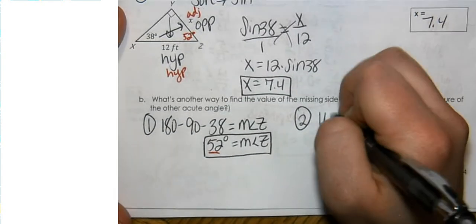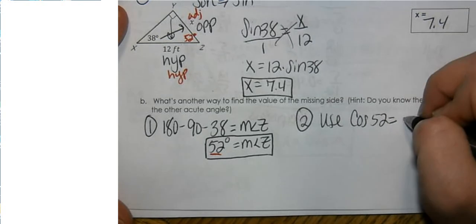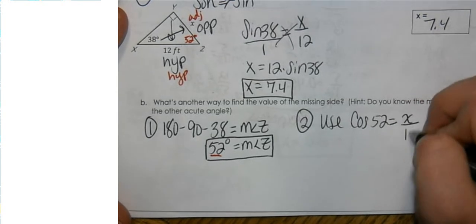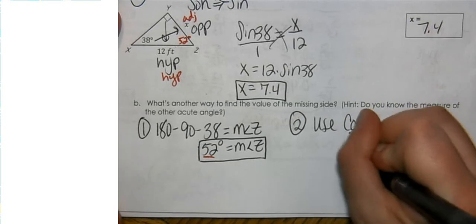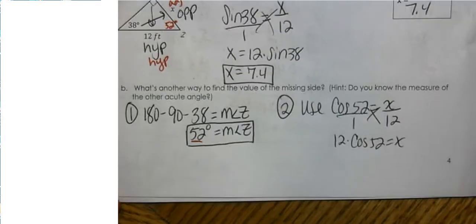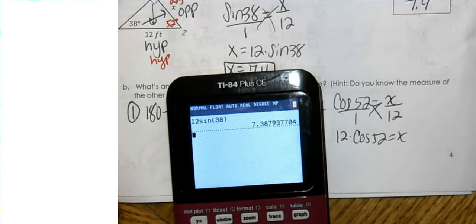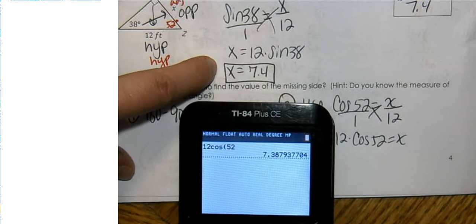I can use the cosine of 52 is equal to the adjacent, which is x, divided by the hypotenuse, which is 12. Using cross product, this is 12 times the cosine of 52 is equal to x. And if I do this correctly, 12 times the cosine of 52, I end up with the same exact number that I ended up with up here, 7.4.